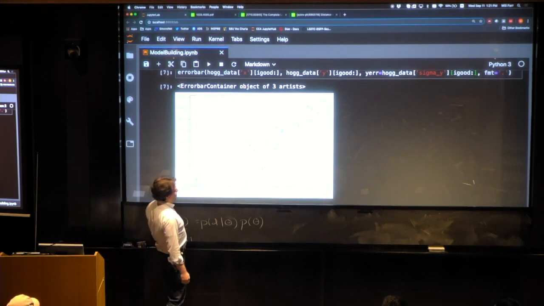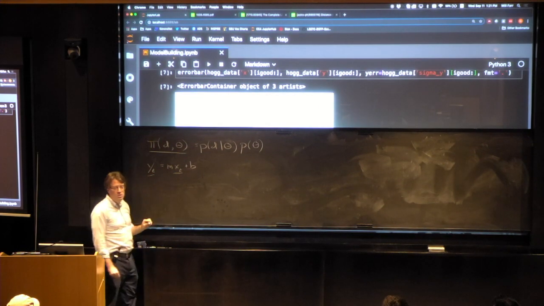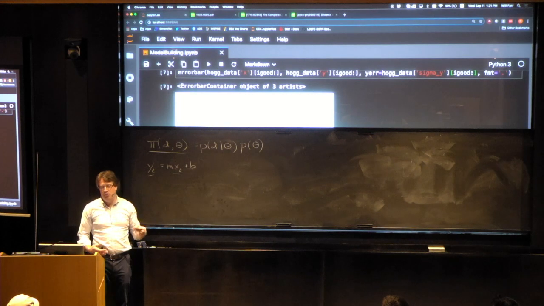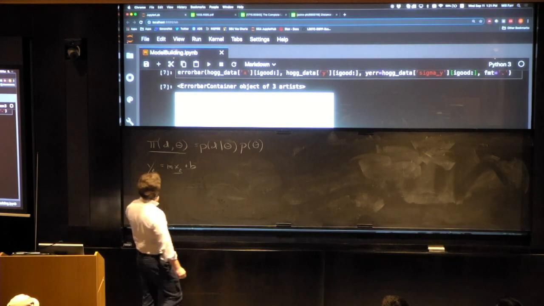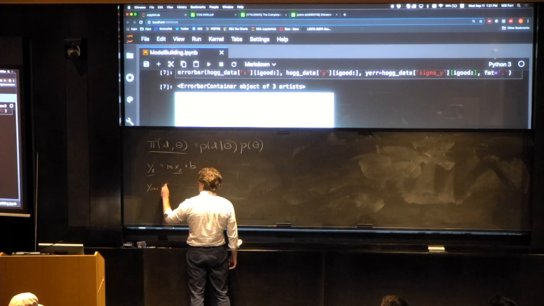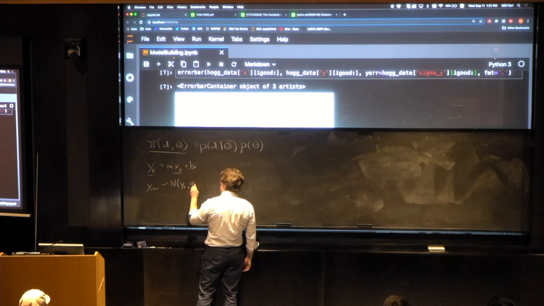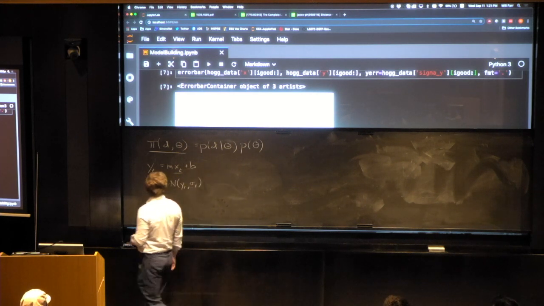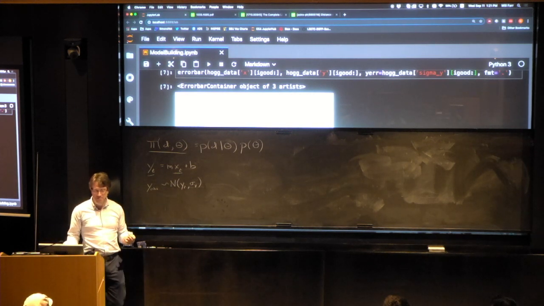It's got some statistical distribution. So in order to specify a complete model for this data set, we need the relationship between the true values, and we also need the model of the measurement. The simplest model of the measurement we could write down is that the experimenter has helpfully given us a measure of their uncertainty.